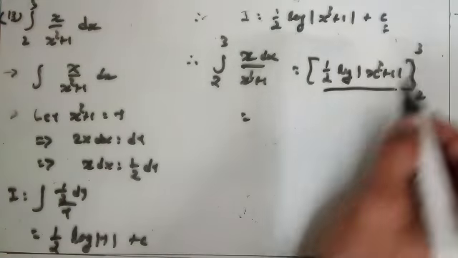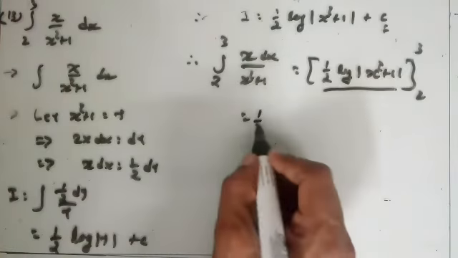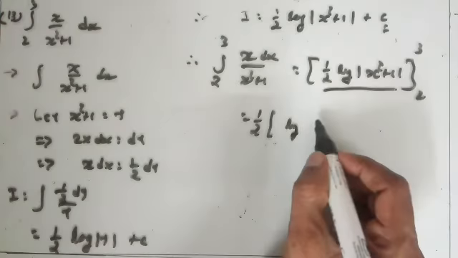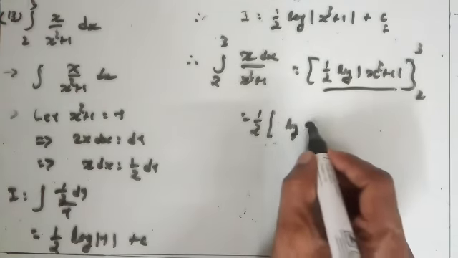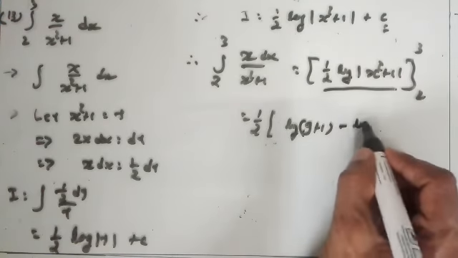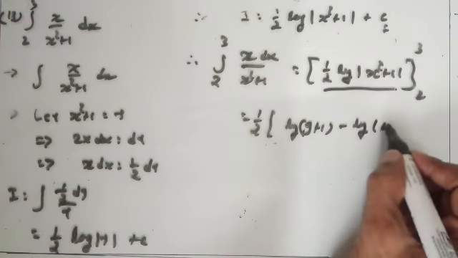Now apply limit f(b) minus f(a). Here first 1 by 2 take outside, log, here replace x by 3. So 3 raised to 2, that is 9 plus 1, minus log, here 2 square is 4 plus 1.